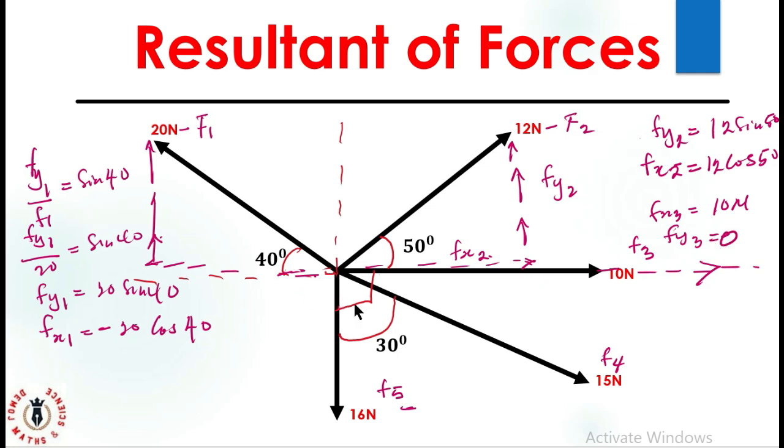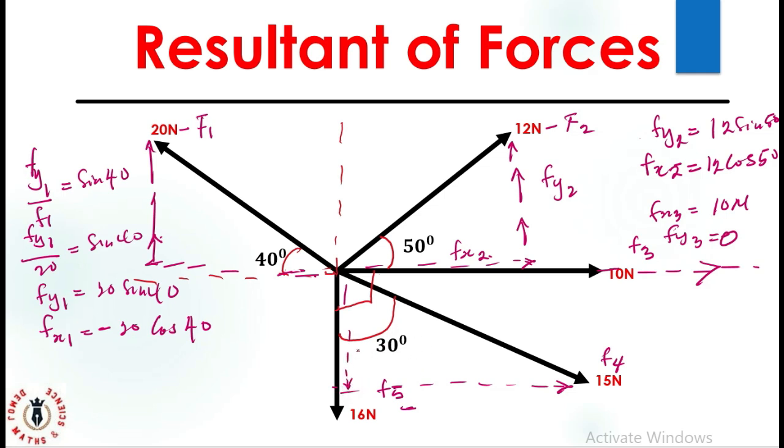Now let's take a look at F4. For F4, it will have an x component and a y component. Here is the x component in the positive direction, and here is the y component in the negative direction.